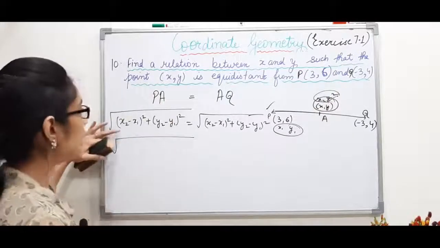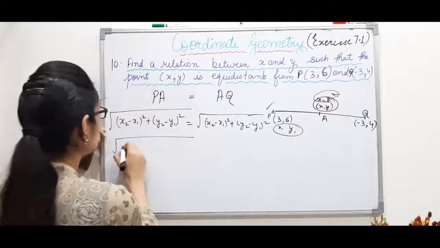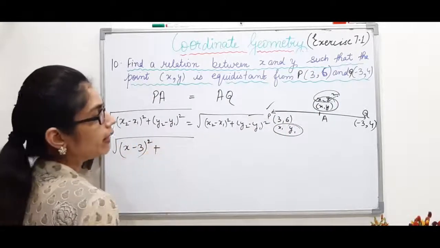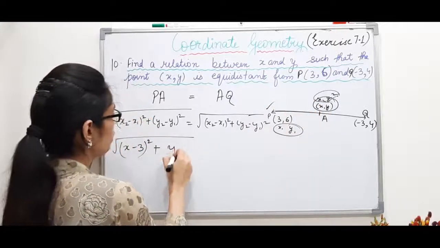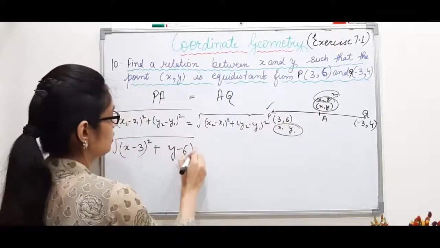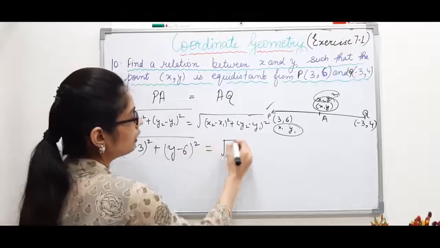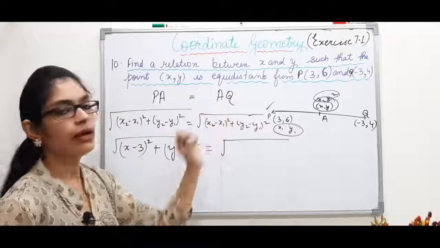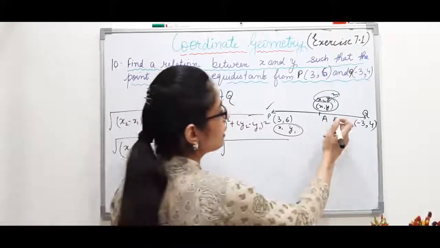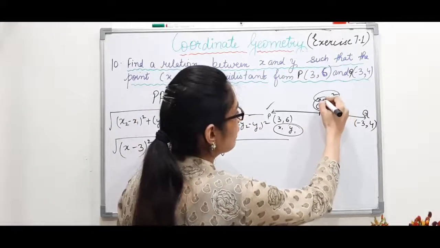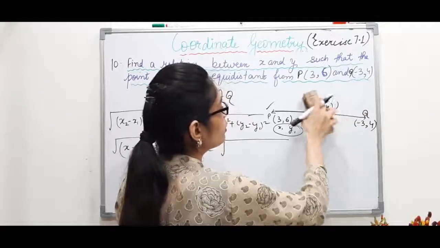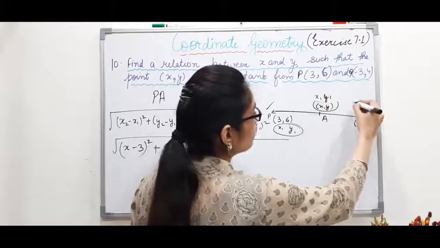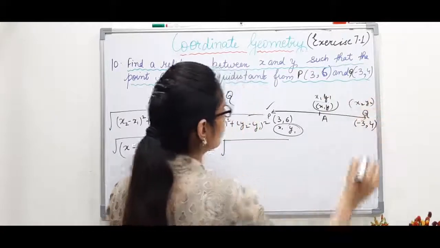Now in this, x2 is x, x1 is 3, plus y2 is y minus y1, it is 6, whole square. Now let's write down the values of x1, y1, x2, y2 when we are finding the distance AQ. At A, I will write x1, y1, and at Q I will write x2, y2.